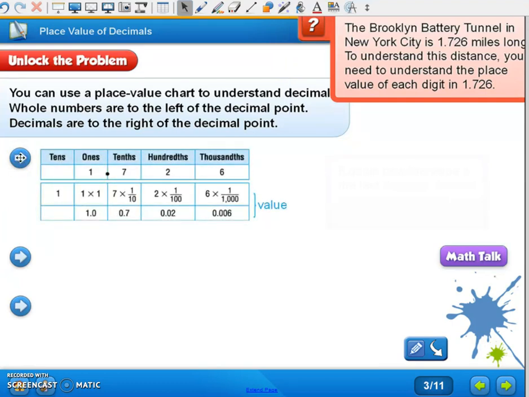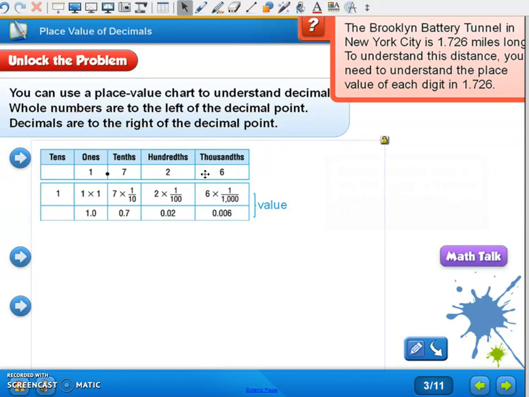So in order to do that, you need to know where to place your numbers in your place value chart. So 1 is a whole number, right? So it goes to the left of the decimal, and then the places just to the right of the decimal are the tenths, hundredths, and thousandths.